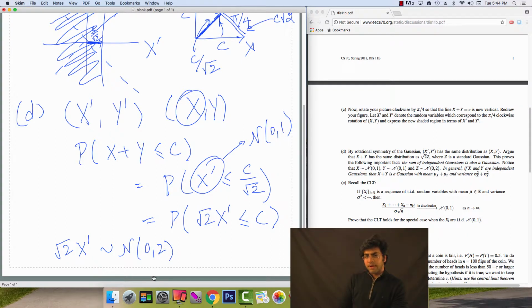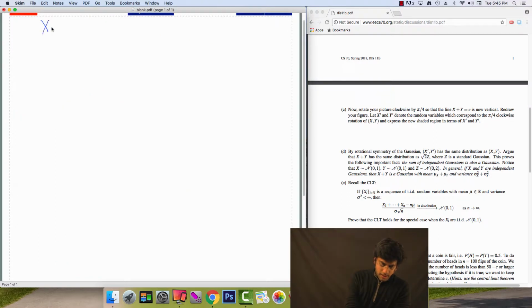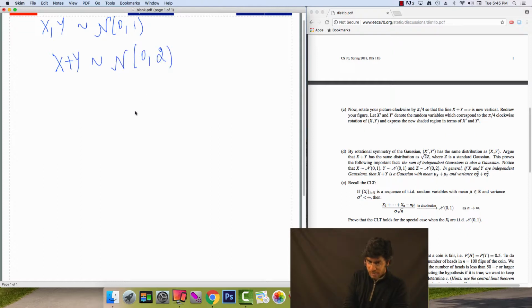Side exercise to verify this. Remember, think back to question 1 and apply what we did using a equals root 2 and b equals 0. OK, well, if this is true, this implies that x plus y is a normal on 0 and 2. OK, and so when x and y were normal 0, 1, we saw that x plus y is normal 0, 2.